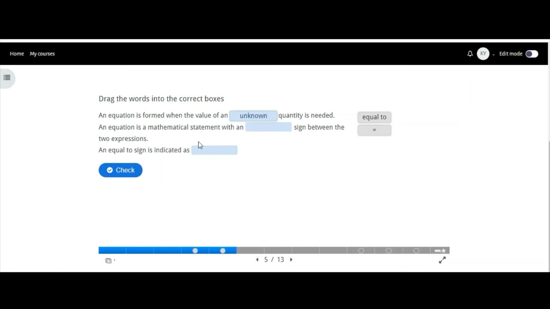What sign should be between two expressions to denote that it is actually an equation? That is the equals sign. This is an inequality sign, which we have solved before under inequality. When we are looking at inequality, we denote different signs that we can use to solve inequality. So let's check. Okay, we are right now.